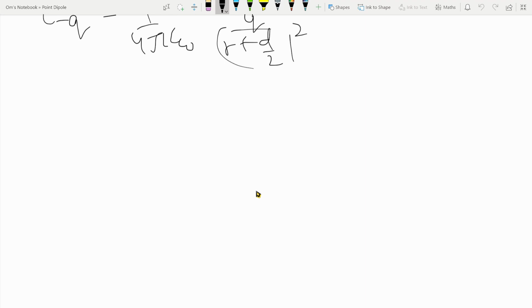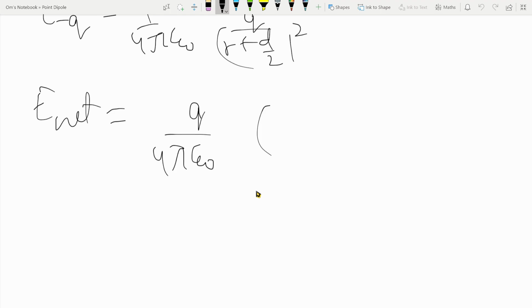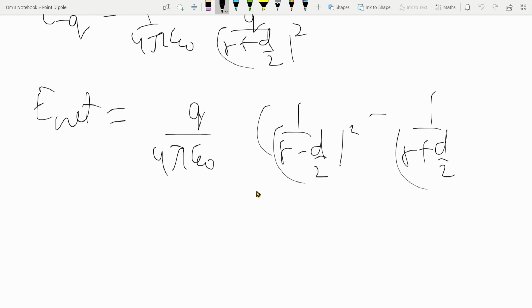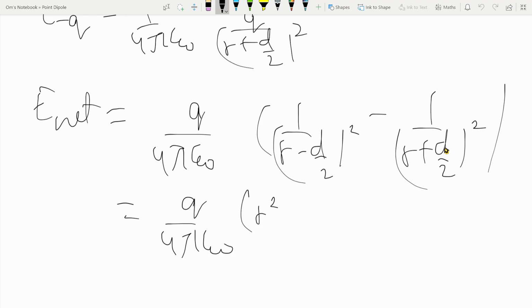And so E net is simply equal to Q by 4 pi epsilon naught into 1 by (r minus d by 2) the whole square minus 1 by (r plus d by 2) the whole square. If we further expand that, we get Q by 4 pi epsilon naught into (r square plus rd plus d square by 4 minus r square minus d square by 4). But remember, this is (r minus d by 2) the whole square, so it would actually be plus rd.